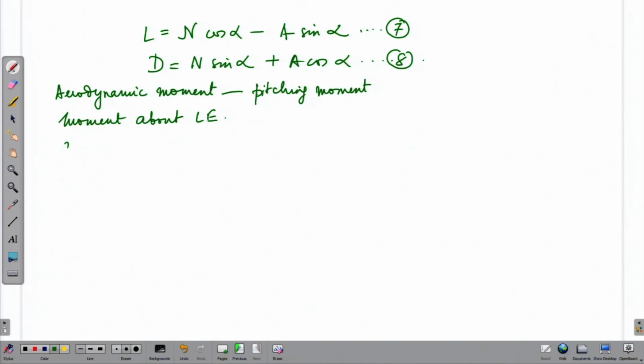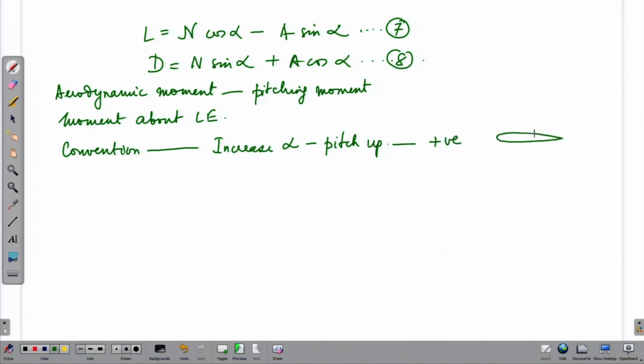So, the convention that we are going to follow is that moment which can increase the alpha, that means cause a so called pitch up, will be considered as positive. So, let us say you are indicating such a moment. So, this is your leading edge about which the moment is being calculated.